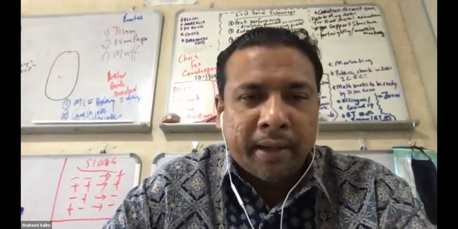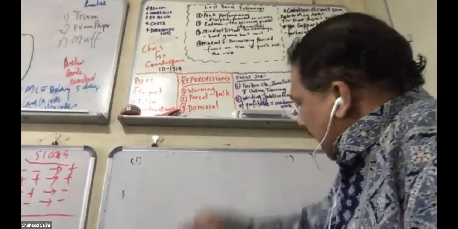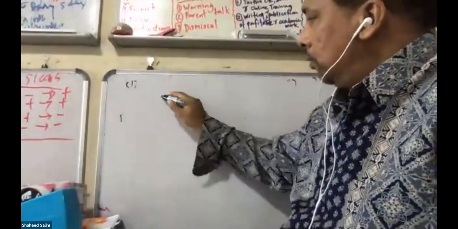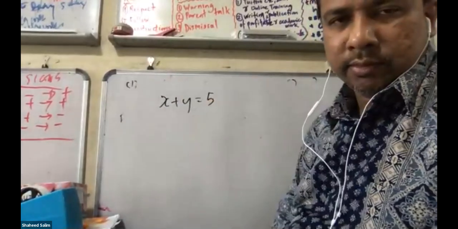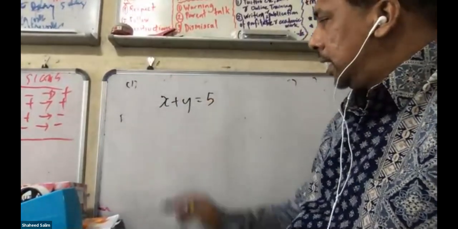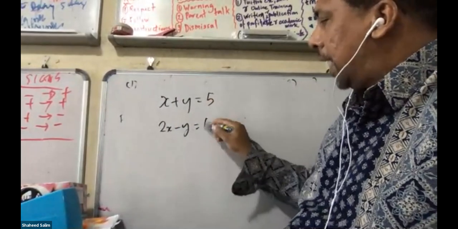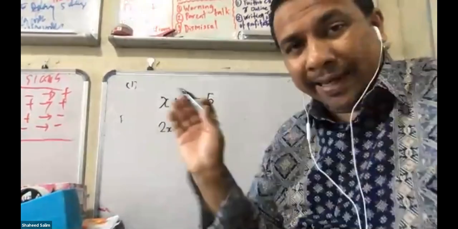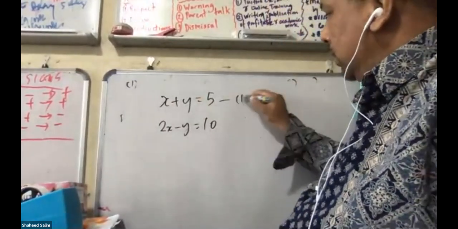Let me just show you something, okay? Now you have two unknowns. Let's say you give me an equation. We can have any equation you want. Let's say x plus y equals to 5, and the other one is 2x minus y equals to 10. I'm just putting any numbers. This is equation 1, this is equation 2.